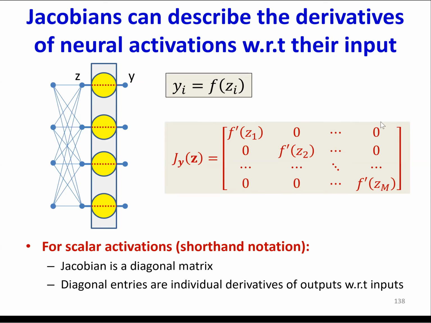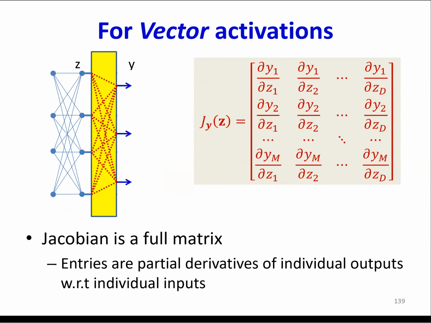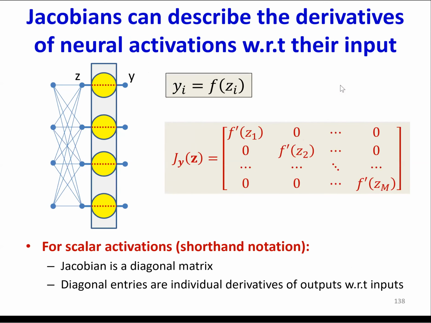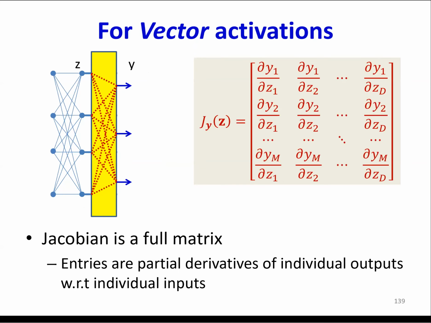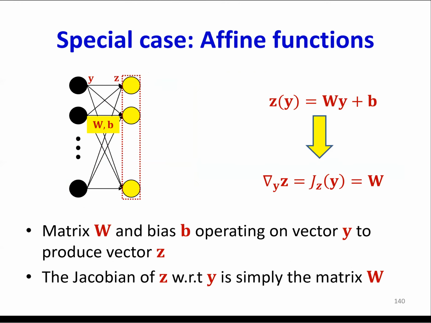And the off-diagonal entries are all 0 because perturbing any input does not perturb the other outputs. On the other hand, if you have a full vector activation, then the Jacobian is going to be a full matrix where the ijth entry of the matrix is going to be the partial derivative of the ith output with respect to the jth input. So are these two things clear? All right. So this is easy enough, okay?